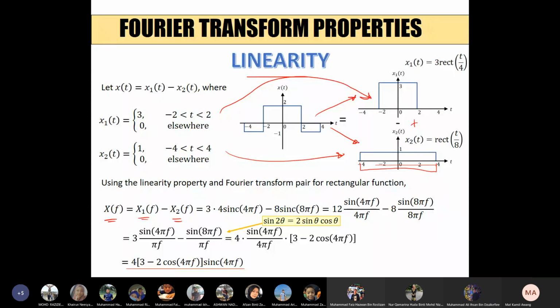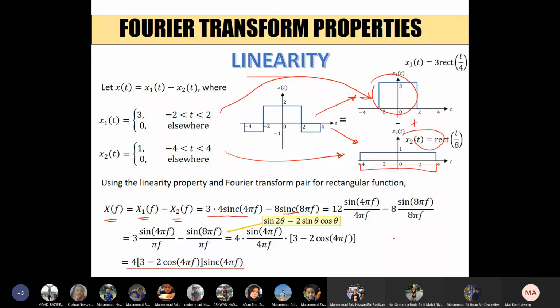So this one is decomposed into two functions, and in this case it is subtract. Okay. So you get this in the Fourier domain. From what we learned just now, this is a sinc function, which we get like this, and this is also a sinc function. When you transform, you get this, and you substitute.